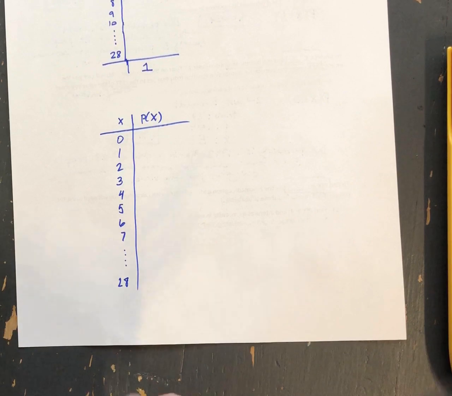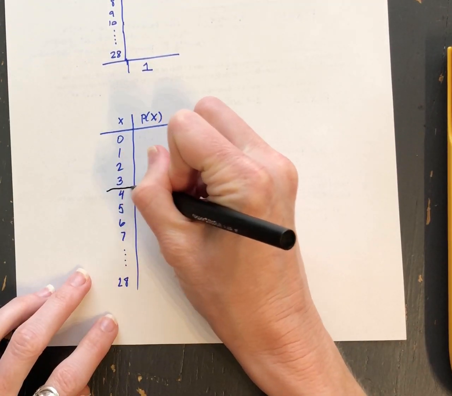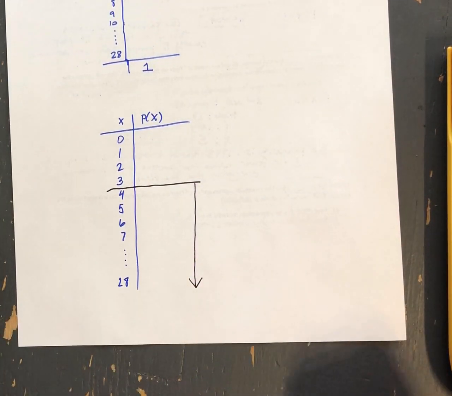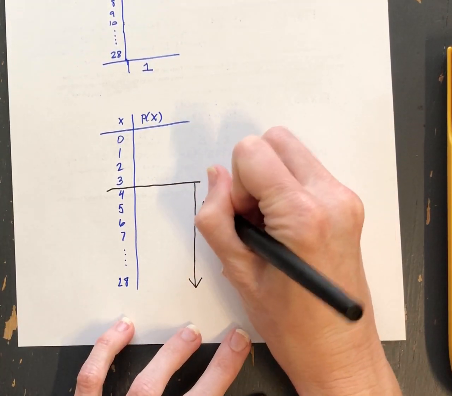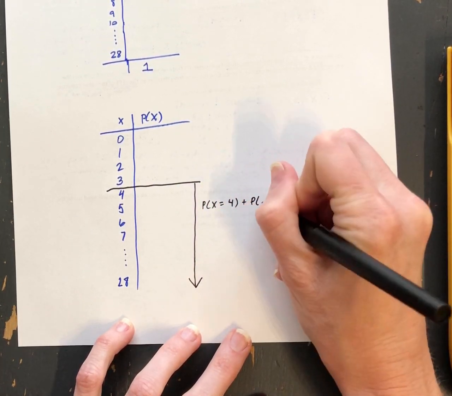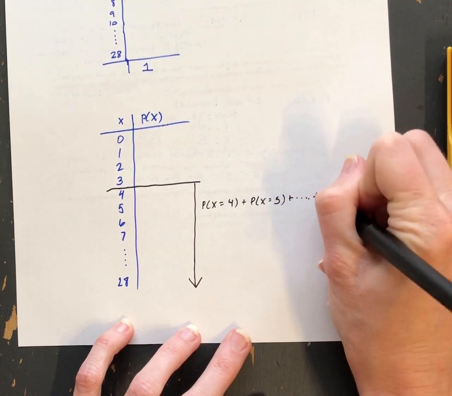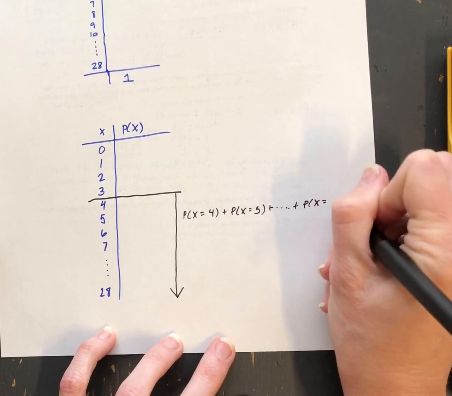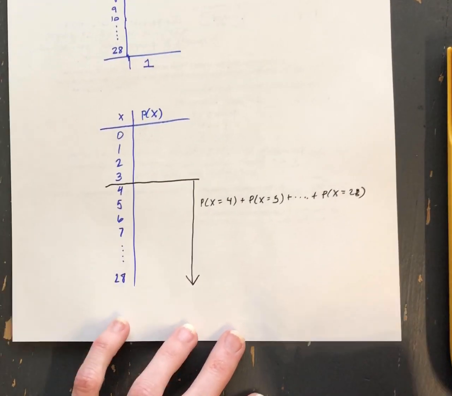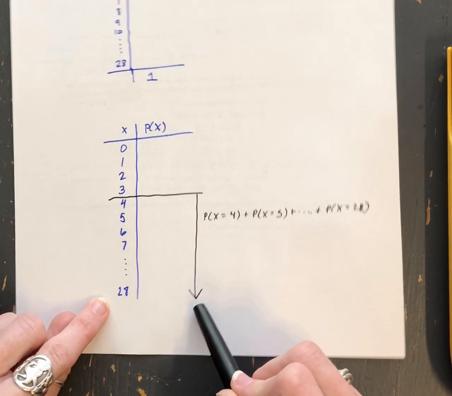So what I'm looking for is the sum of all of those probabilities, right? The probability that X is 4 plus the probability that X is 5, all the way up to the probability that X is 28. Okay, so that's what I'm looking for.